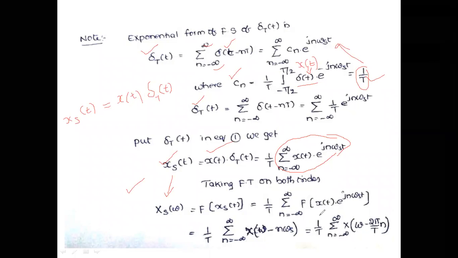According to the frequency shifting property of the Fourier transform, Xs of omega is equal to 1 by T into the sum from n equals minus infinity to plus infinity of X of (omega minus n omega s). You should keep omega as it is. But what is omega s? Omega s is nothing but the sampling frequency. We already know that the sampling frequency omega s is equal to 2 pi by capital T, times n. Now this is Xs of omega. You should remember this final expression.